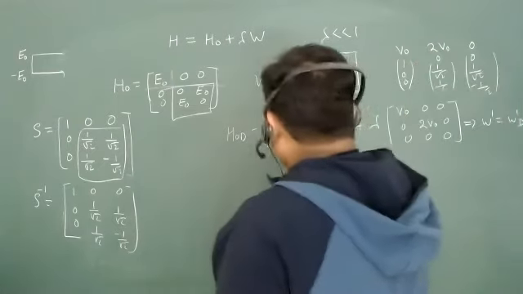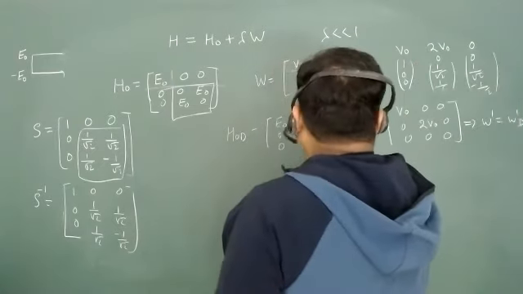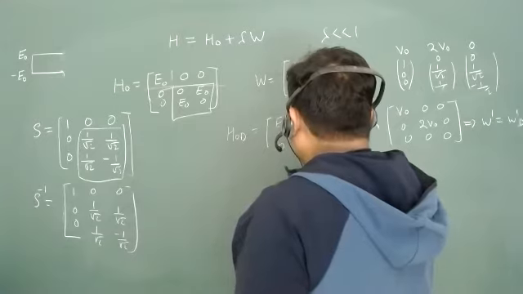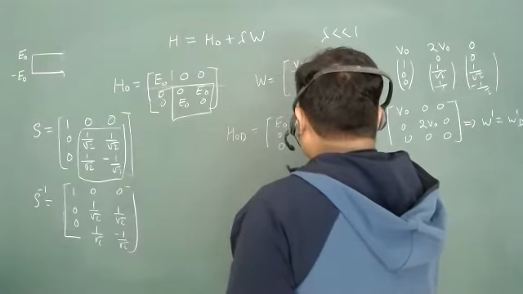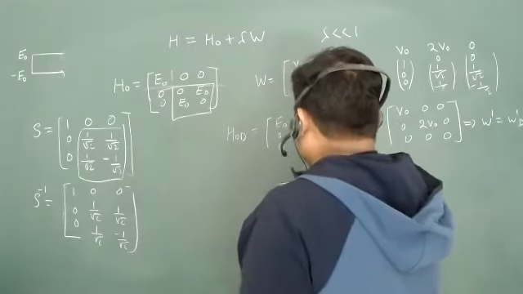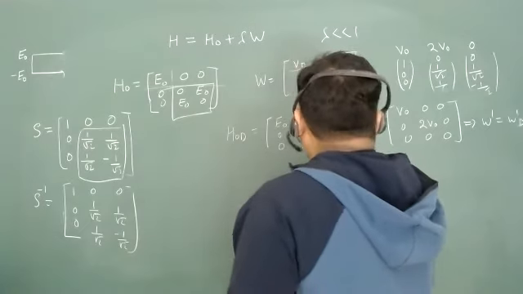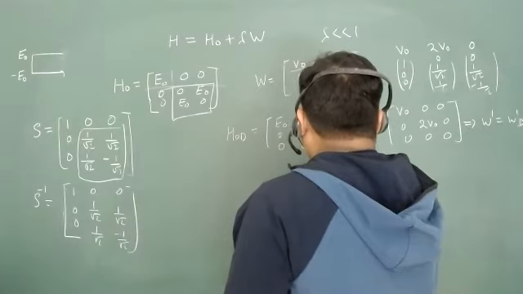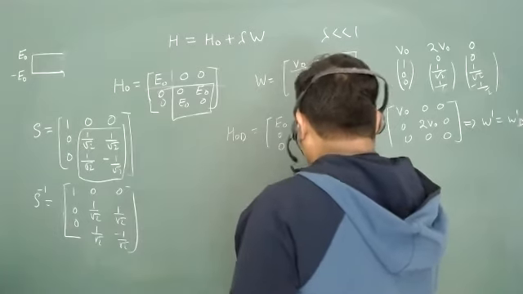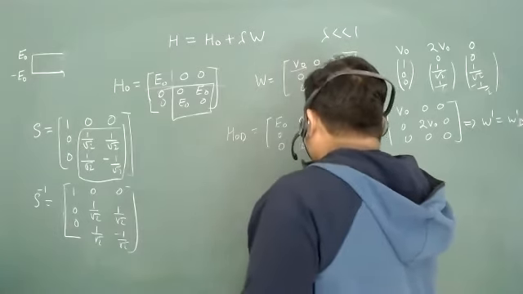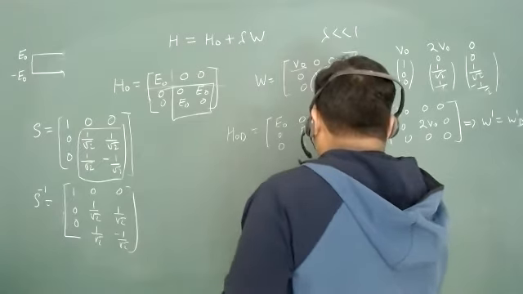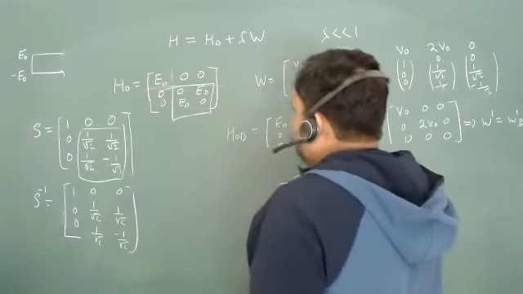Now, what will be the eigenvalue? The first eigenvalue is minus E0 plus lambda 0, so there is not any change in minus E0. Then you have E0 plus lambda V0, and E0 plus lambda 2V0.